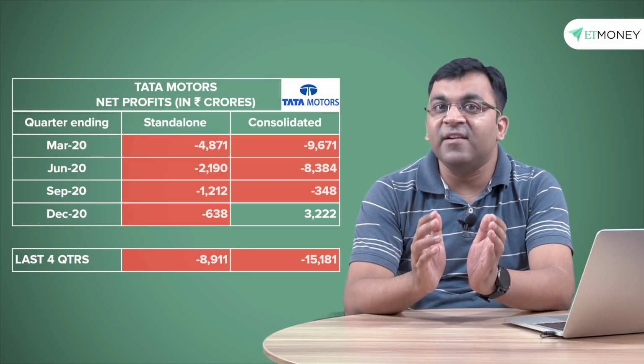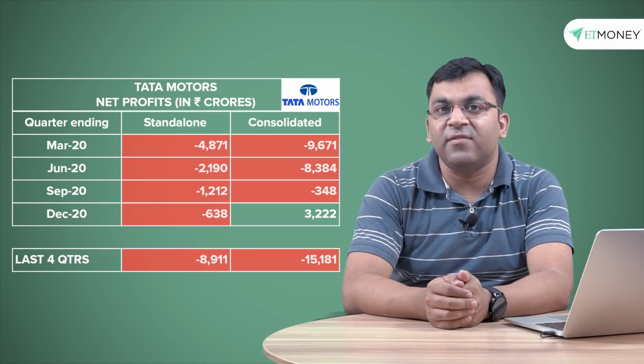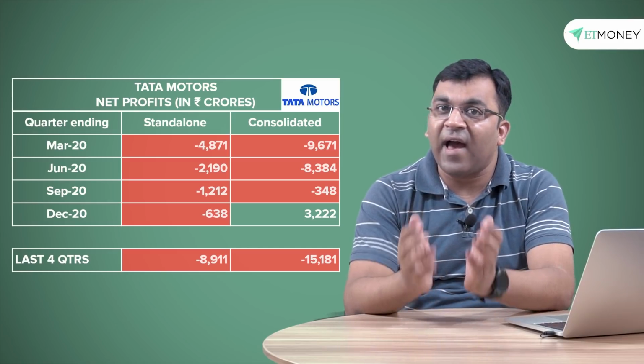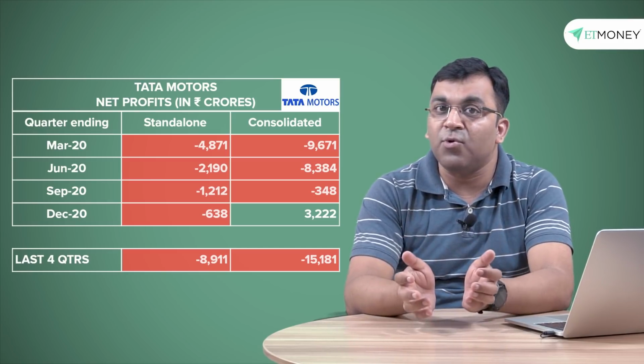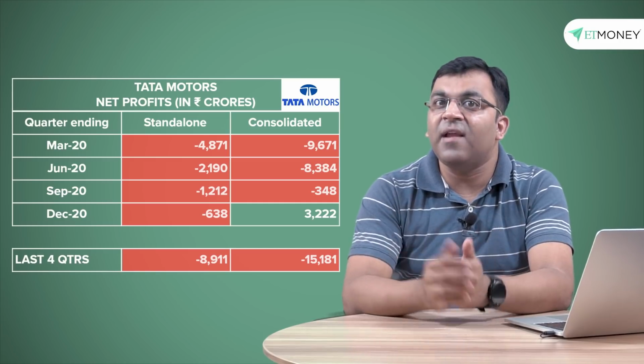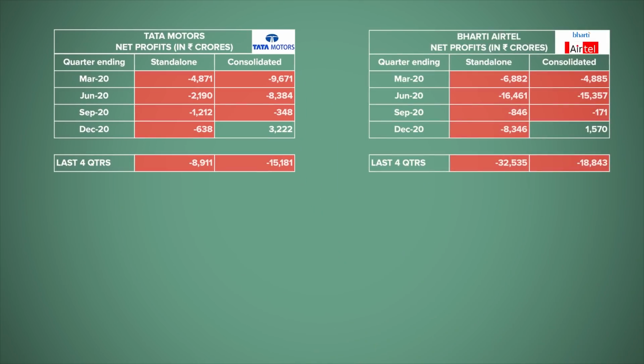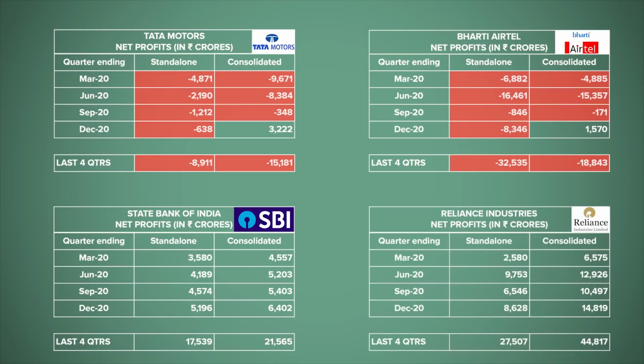More importantly, the difference between the standalone and the consolidated earnings can be quite high, as we see in the case of Tata Motors and as we see in some other large cap companies like Bharti Airtel, State Bank of India, Reliance Industries, etc., where the consolidated earnings are much higher than the standalone earnings.